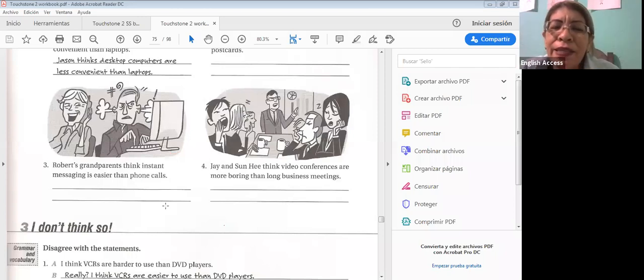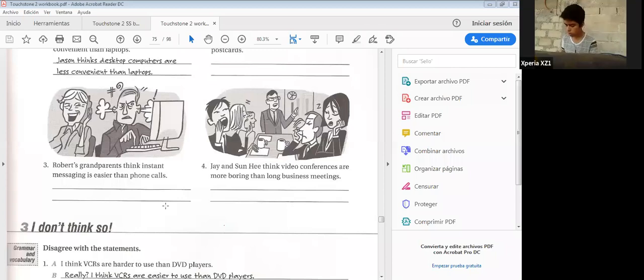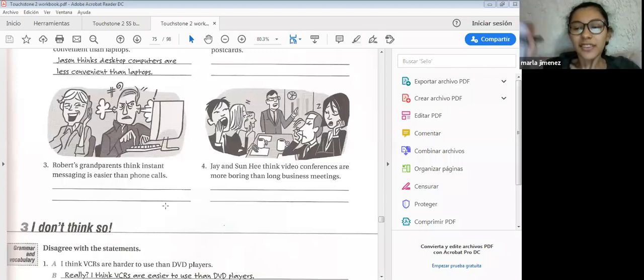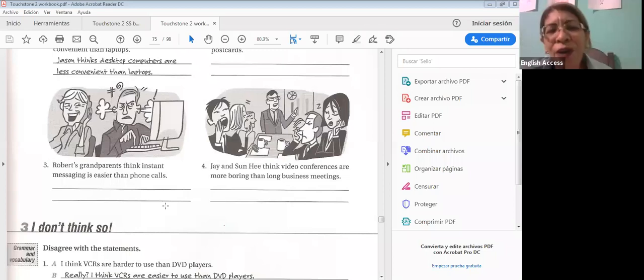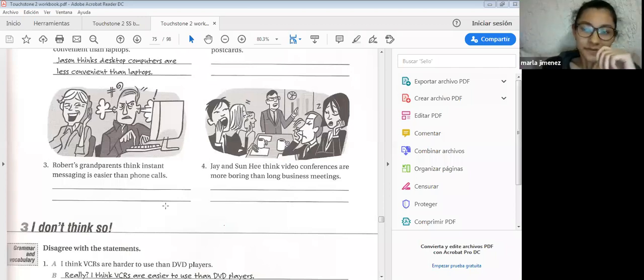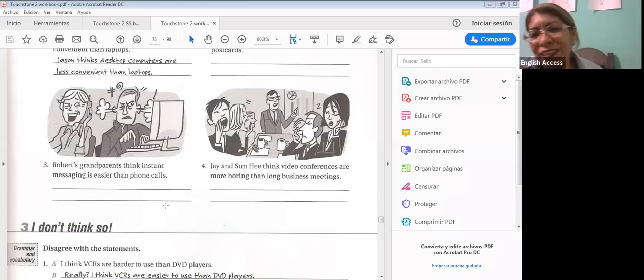Okay, we have easier. What is the opposite of easy? Complicated? Difficult. So Robert's grandparents think instant messaging is more difficult than phone calls. Correct?